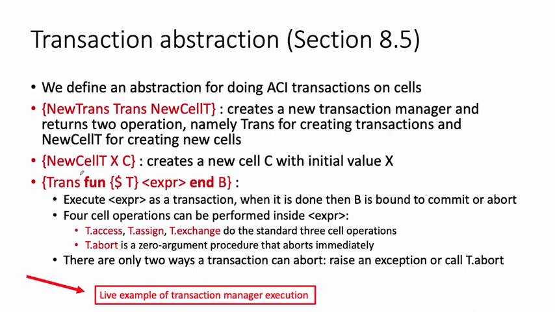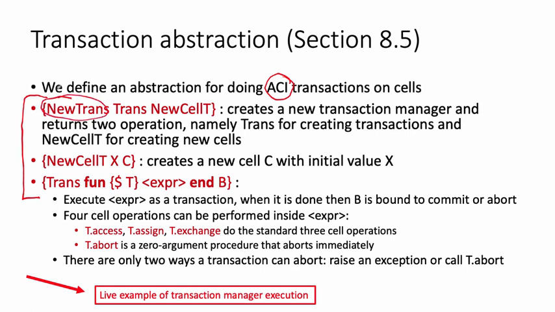So we will actually define an abstraction. So this is explained in the book. And then I'll show you how to implement. So this is an ACI transaction. There's no persistence, no durability. I don't have disk, but it's still a transaction with abort and commit. So each time, I actually create a transaction manager.